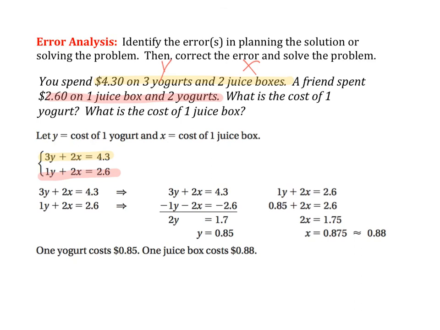Let's see if that still holds true. Oh, there we go. So right here, this is our issue. They swapped up their variables, so they had their x's and y's backwards for that one. So the second equation should read 1x plus 2y equals 2.6. And then we could go through and solve accordingly.